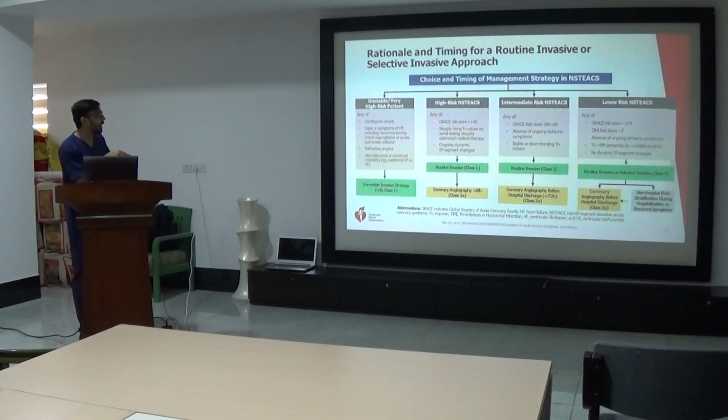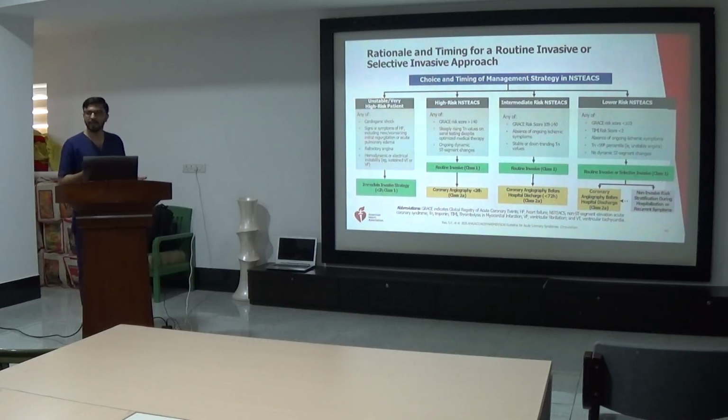In high risk non-STEMI, like Grace risk score, ongoing ST changes, troponin value going up, routine invasive is class 1, but within 24 hours. If intermediate risk, then coronary angiography you can perform before hospital discharge, and lower risk category, routine invasive or selective patient, class 1.